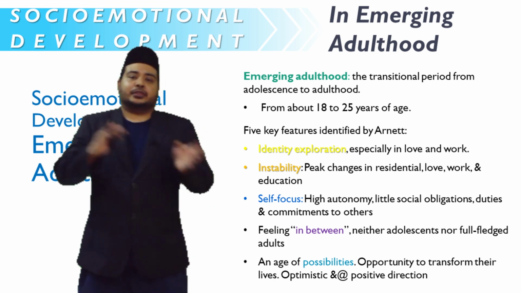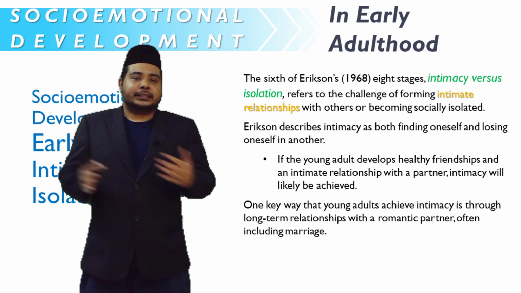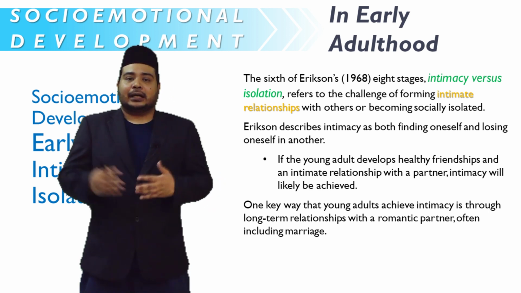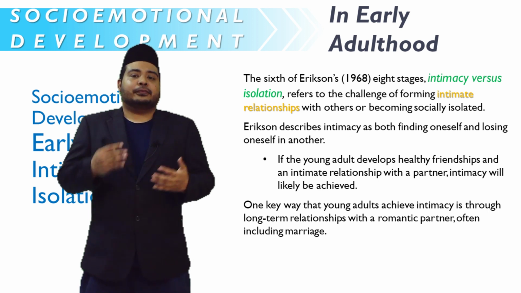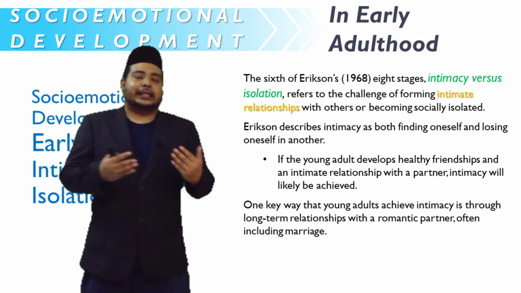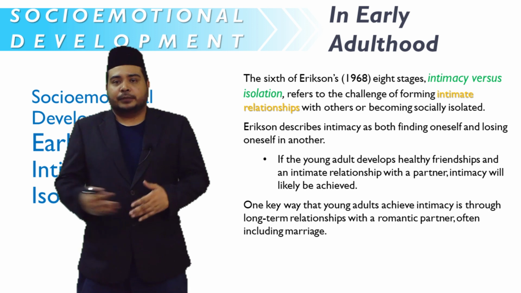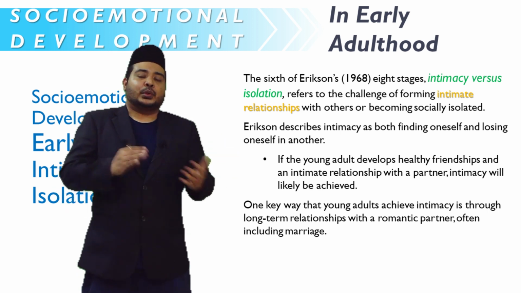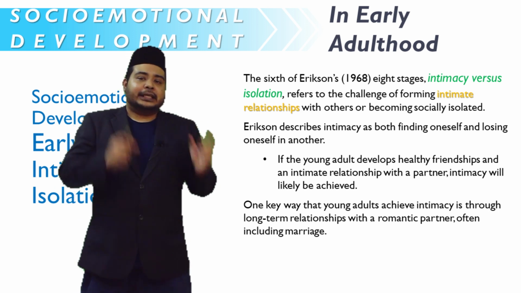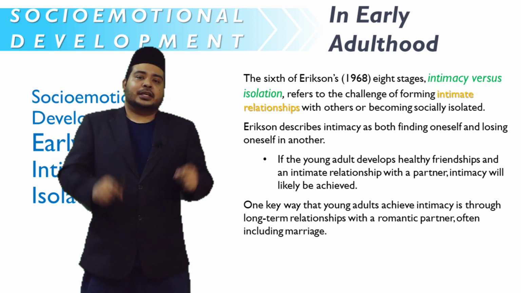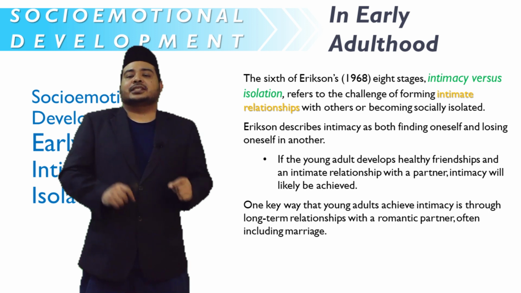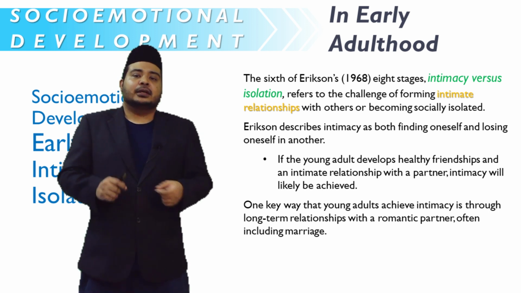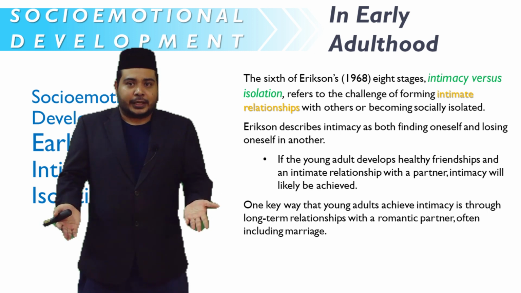Coming back to early adulthood. This is the stage when Erikson explained that young adults will face the issues of intimacy versus isolation, the sixth stage of Erikson's socio-emotional development. Intimacy versus isolation refers to the challenge of forming intimate relationships with others or becoming socially isolated.